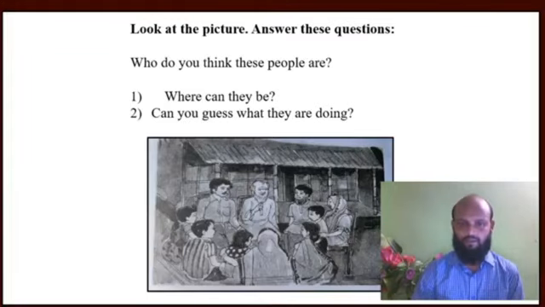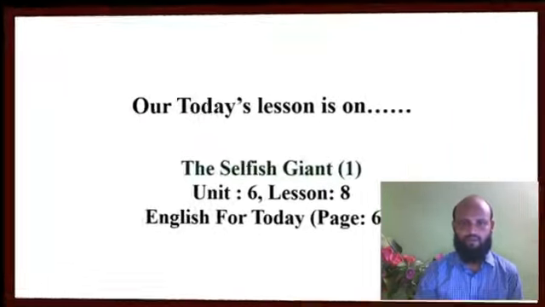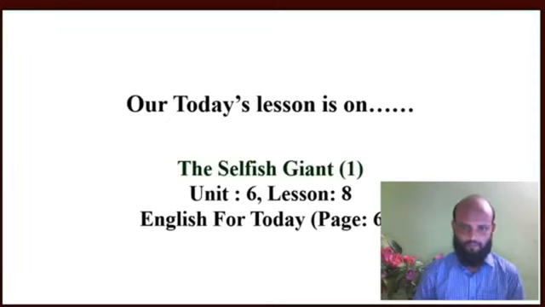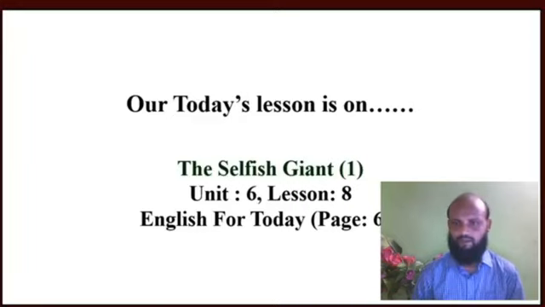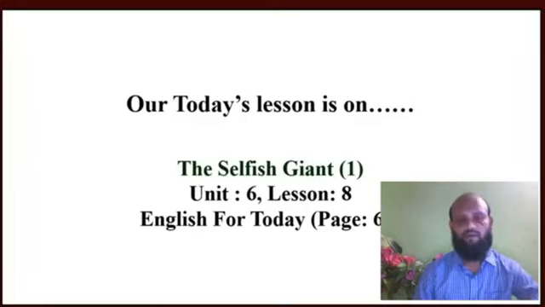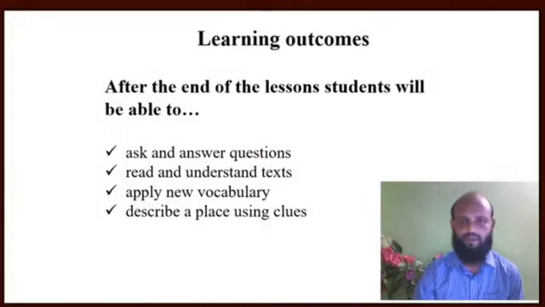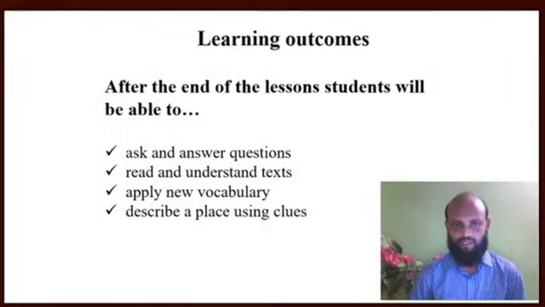So we can say our today's lesson is the beginning of a story, that is the selfish giant. This is part 1, lesson 8. So let's go to page 63 of your English for Today book. Page 63. Here we will learn today.